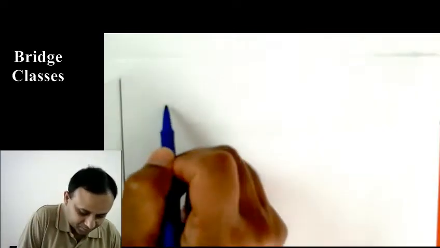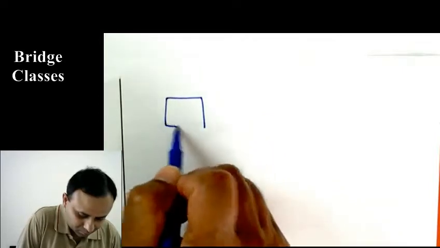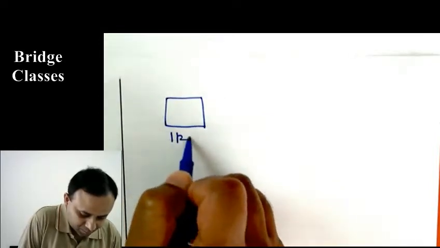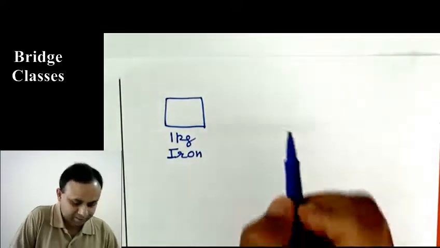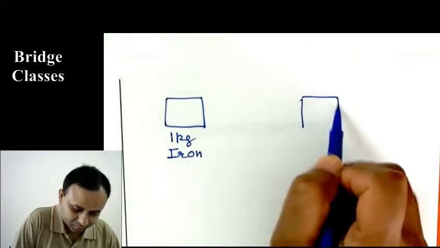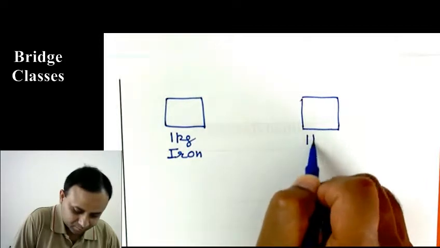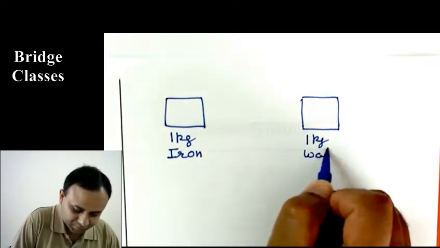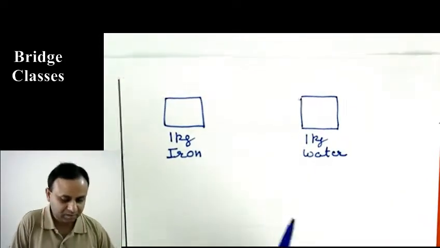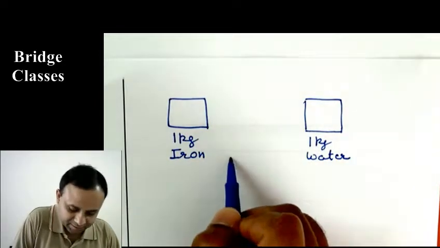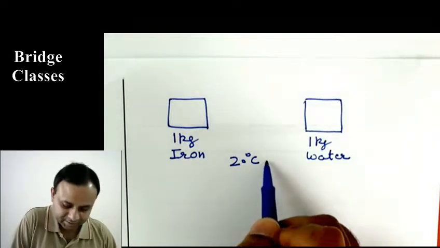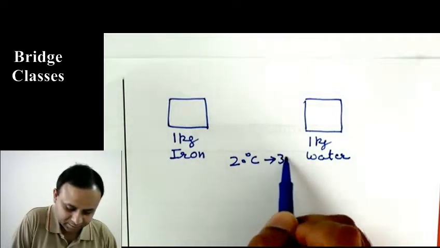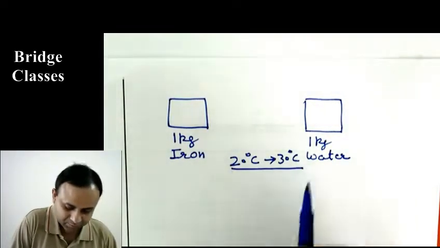Let us say we have 1 kilogram of iron, and we have 1 kilogram of water. Both are at atmospheric pressure, and say both are at 20 degrees C, and we want to change their temperature from 20 to 30 degrees C. So we want to heat them.